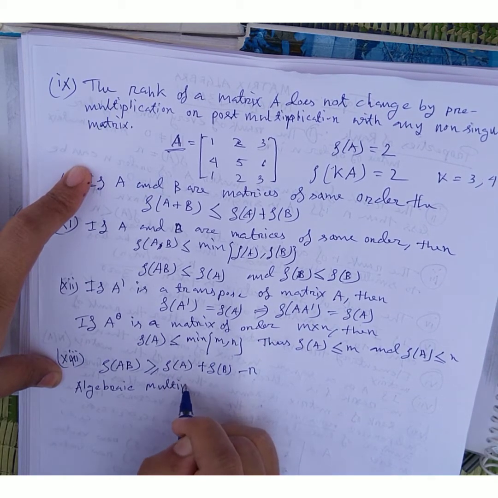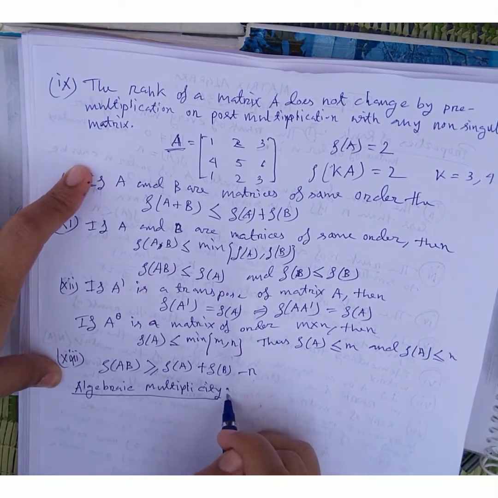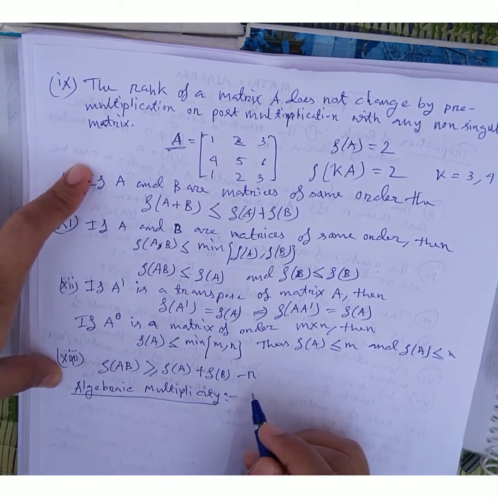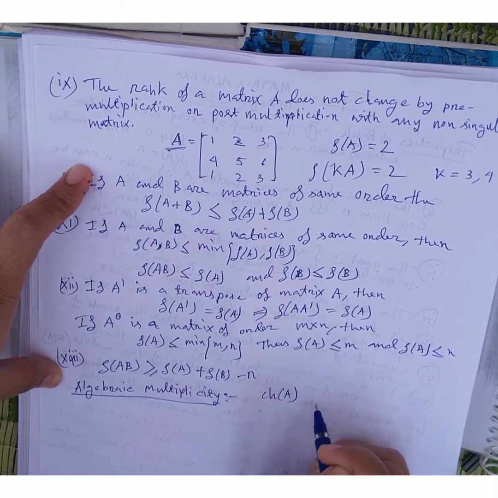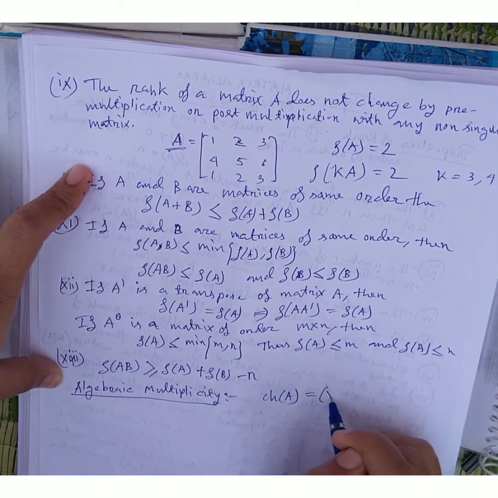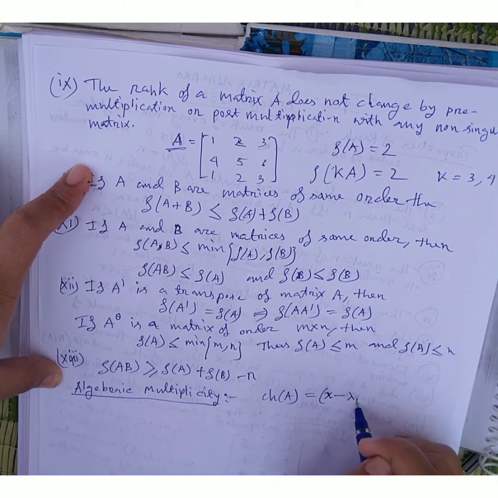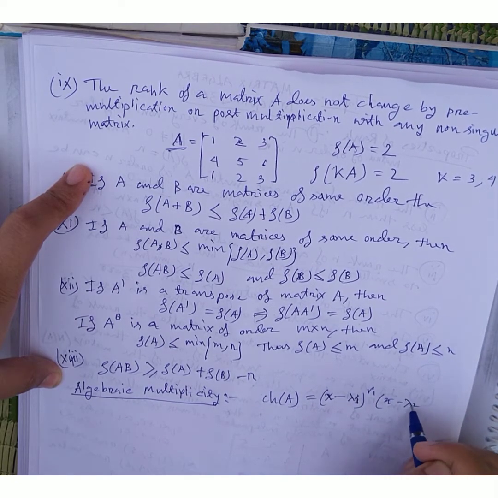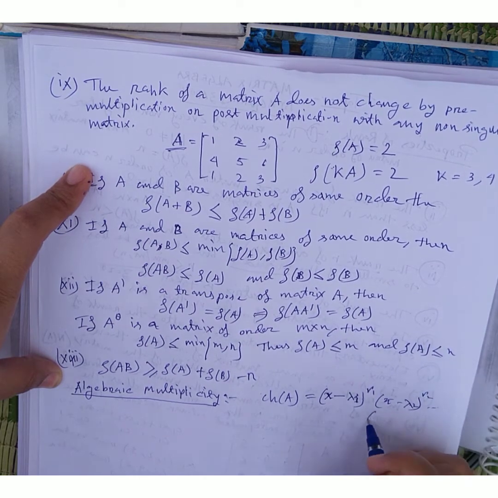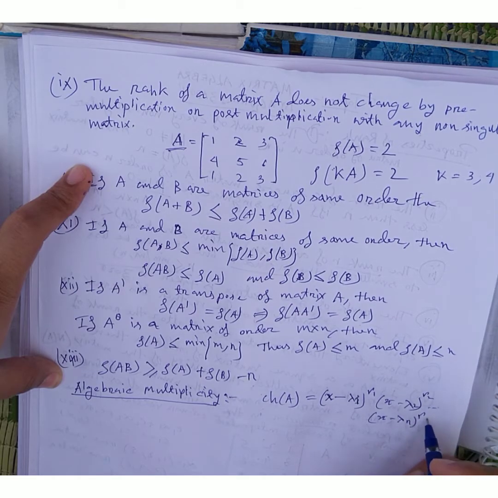Algebraic multiplicity means, suppose the characteristic equation of A can be written as (x minus lambda 1) to the power R1, times (x minus lambda 2) to the power R2, and so on up to (x minus lambda n) to the power Rn.